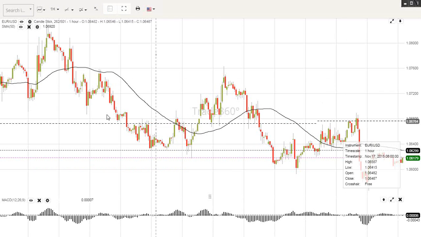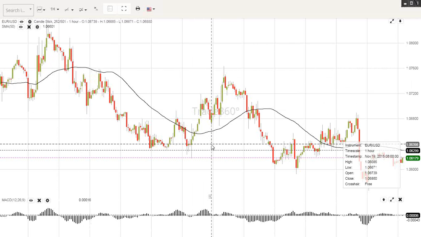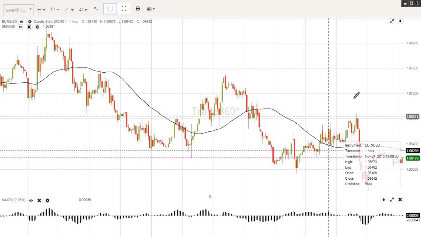First of all, we can see that the long-term market trend is bearish. So in order for us to be able to consider any kind of bullish entry, we need to see the previous support, which is the current resistance, to be broken above. And how can we do that? It's very simple, by the way. This line that we have in front of us is outlining the previous support, which has become a current resistance level.